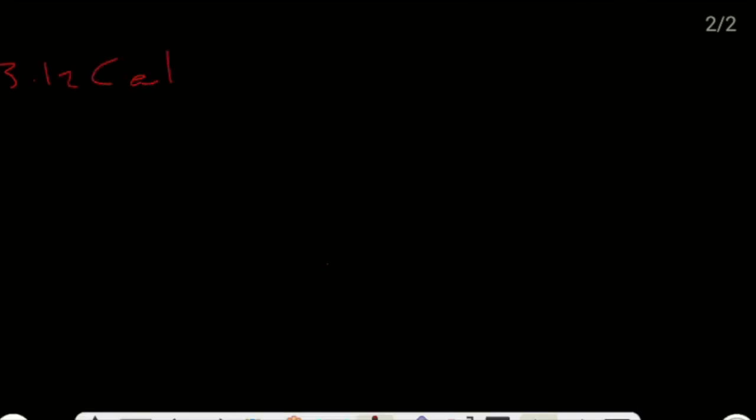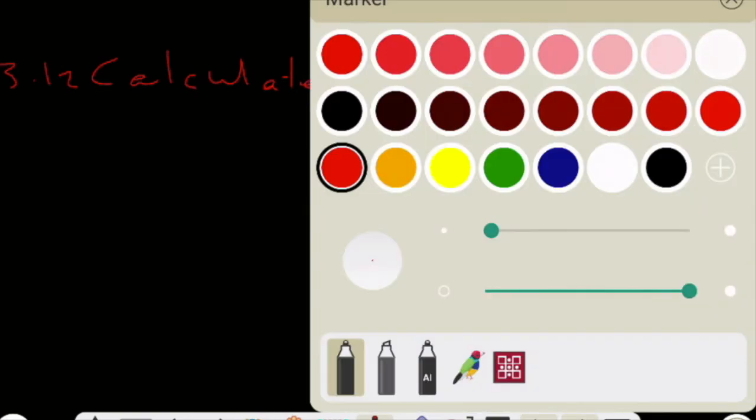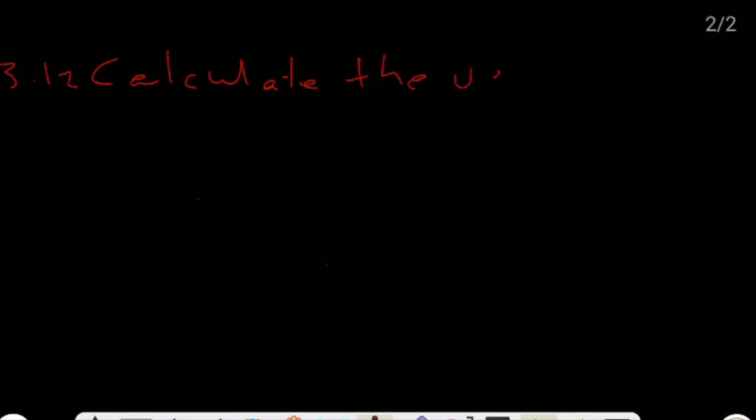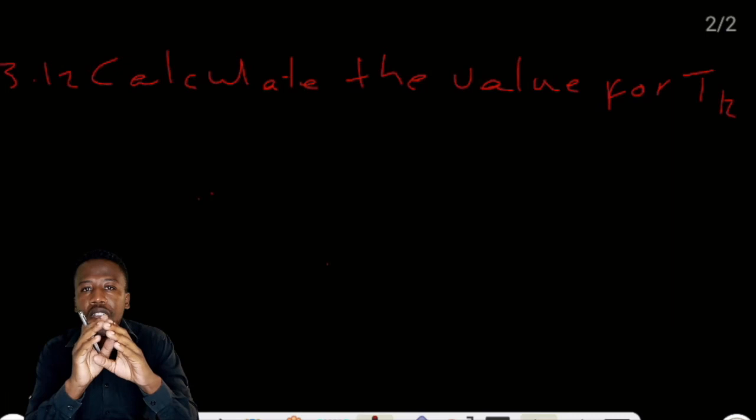Alright, let's look at 3.1.2, which says calculate the value for T12, right? Calculating the value for T12, we want to find the value of the 12th term.